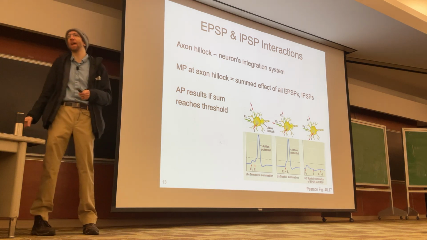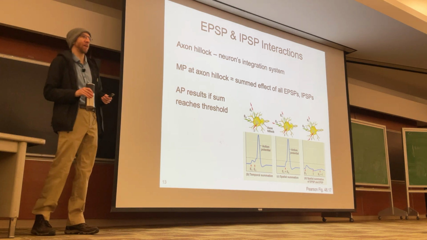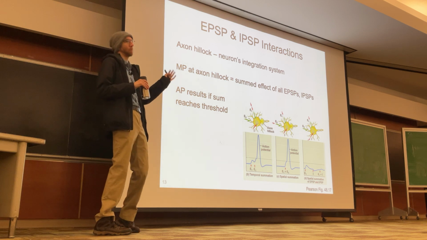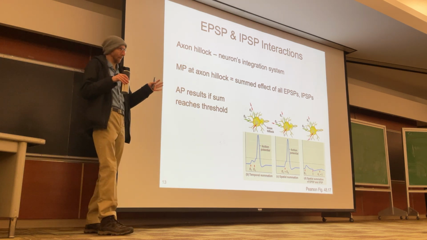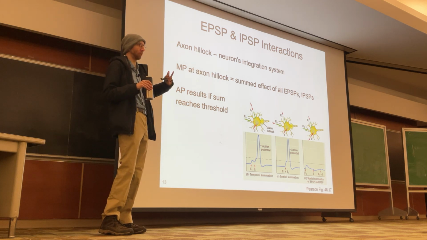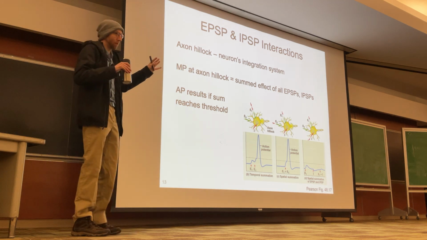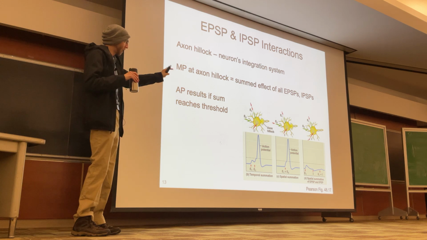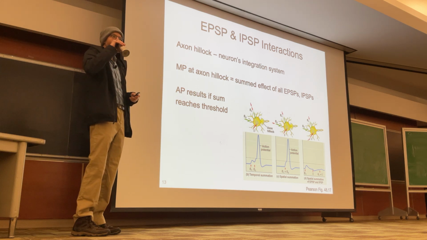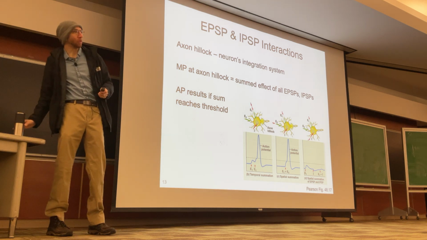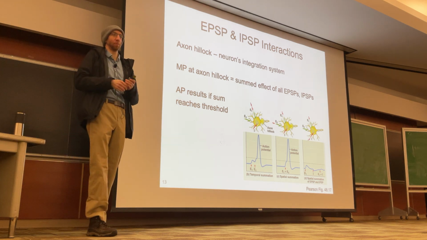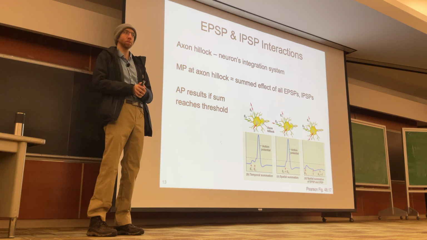And again, thinking back to last time, it's an all or nothing thing. It's not like, well, you hit the threshold, there are some inhibitory signals, so yeah, it's an action potential, but it's weaker. That's not how it works. If you hit the threshold, you get an action potential. If not, you don't, and that's the end. It starts at the axon hillock. Questions about anything on synapses before we continue?